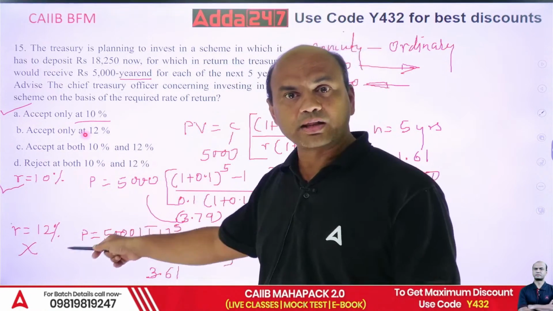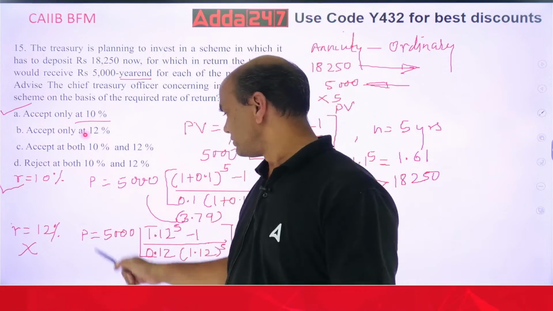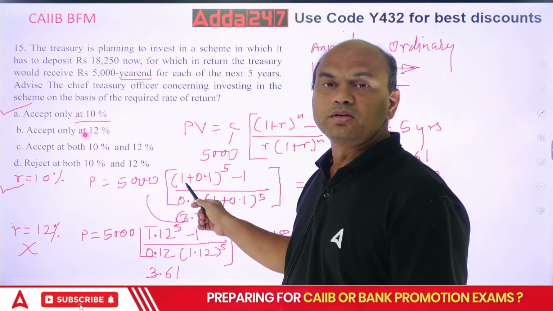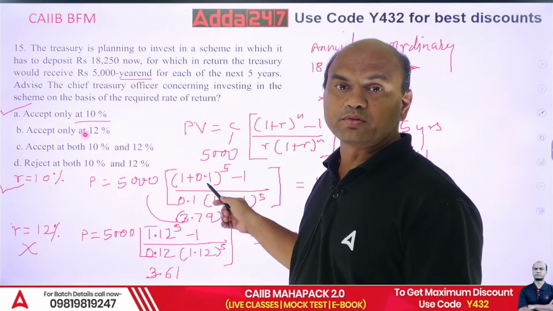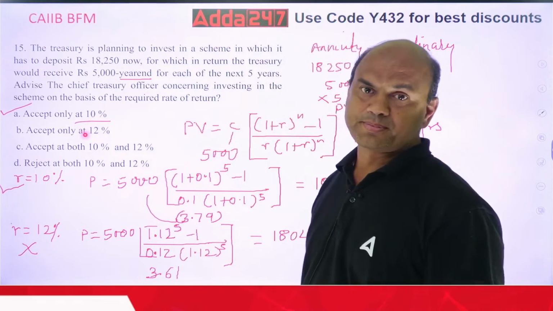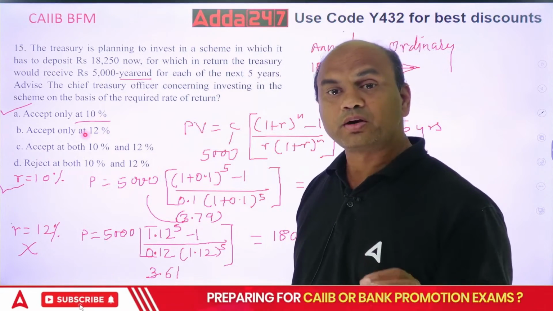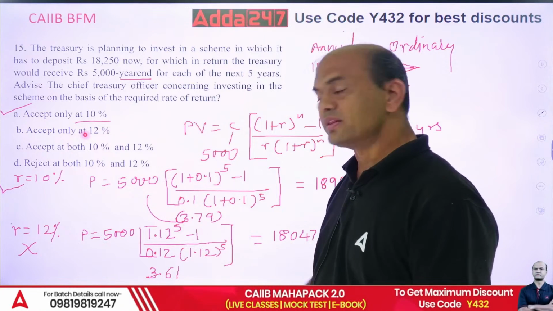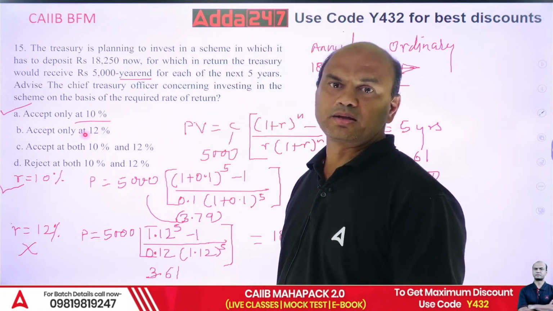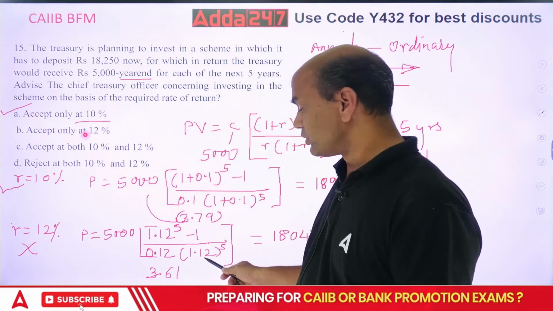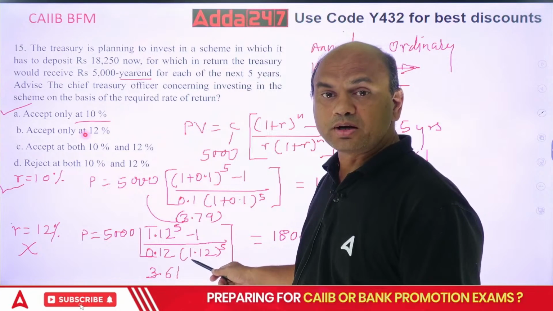Put R equals 12 now. So P equals 1 point, which was earlier 1.1, so now it will be 1.12. It will be 1.12 raised to 5 minus 1, divided by 0.12 into 1.12 raised to 5.